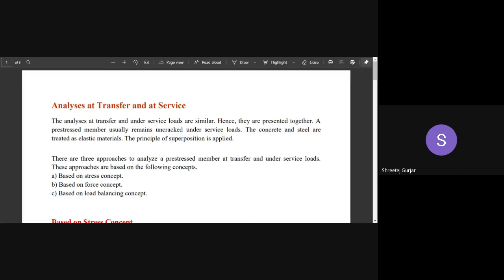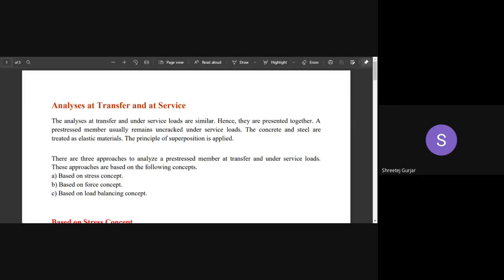We will be designing various pre-stressed elements for various loadings, like flexure. Then we will learn how to design your pre-stressed members for shear. So we will learn design after we learn our analysis.